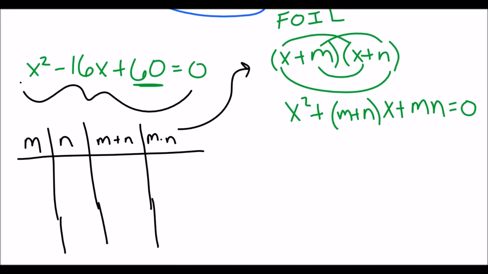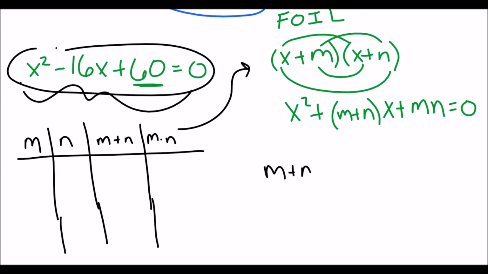In this formula, we know that we want m plus n to equal negative 16, because that would be this term, and we know that we want m times n to equal 60, because that would be this term.